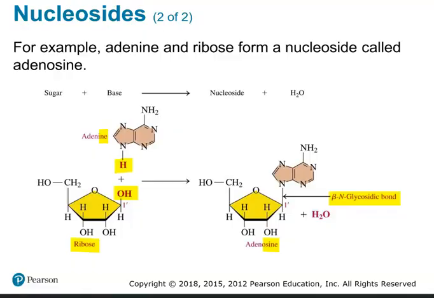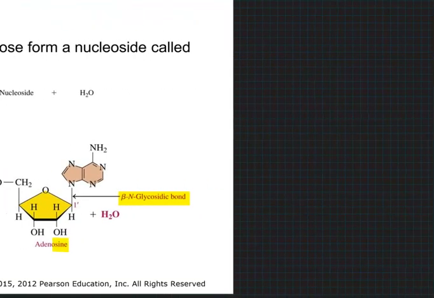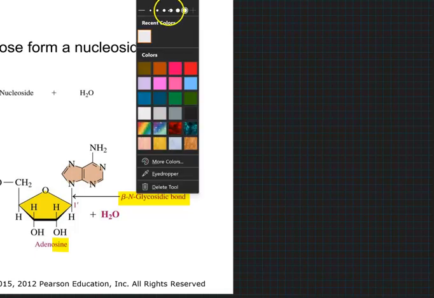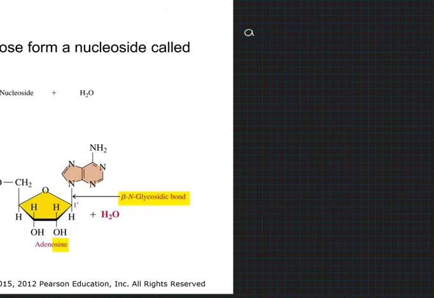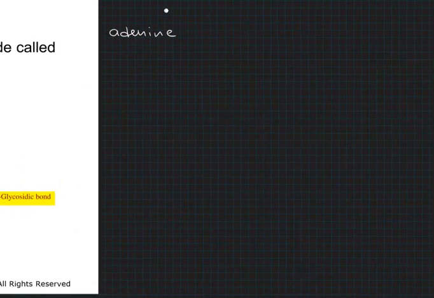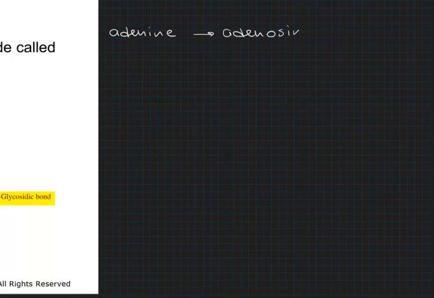So we go: adenine, adenosine, guanine, guanosine.